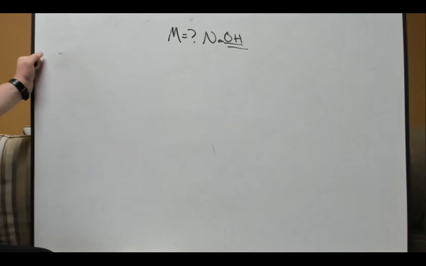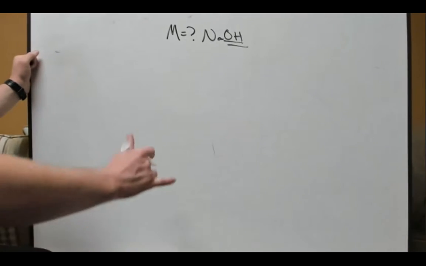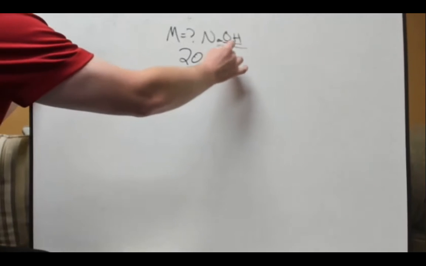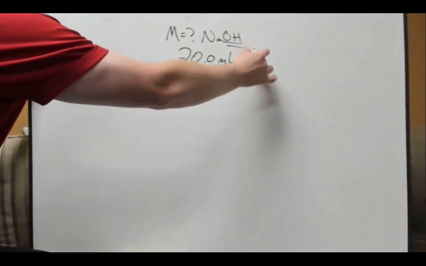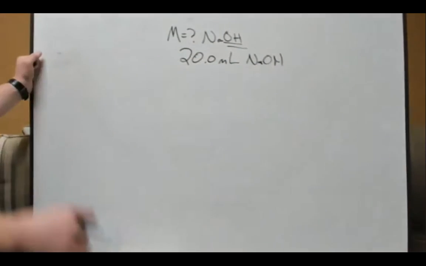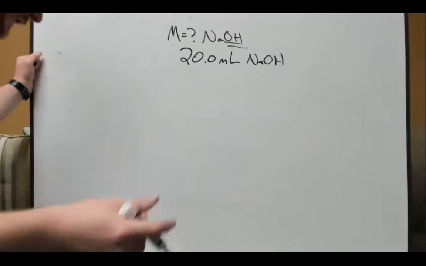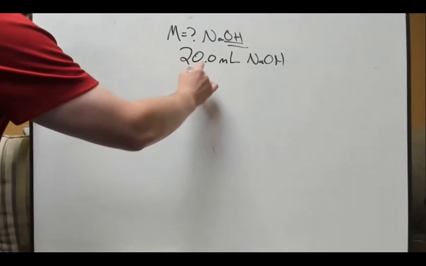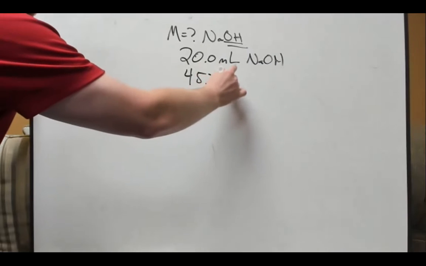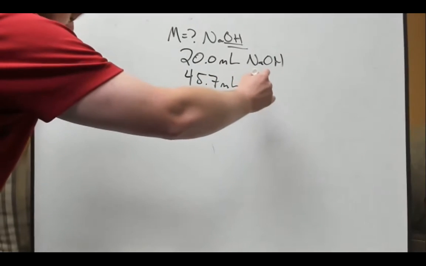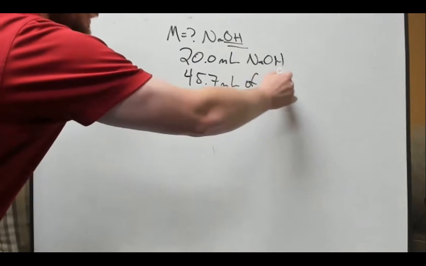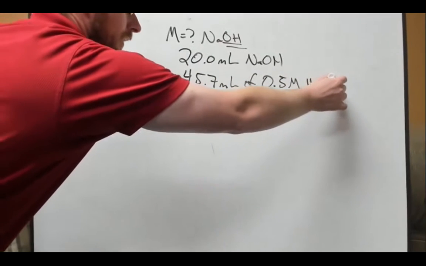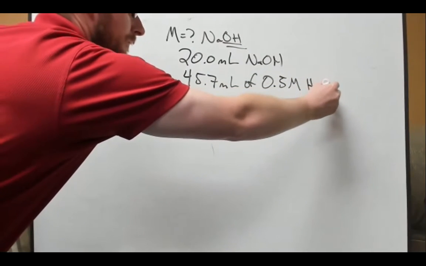So let's look at what we're going to do. We have 20 mL of NaOH, right? And we go to the lab and we titrate it with 45.7 mL of 0.5 molar H2SO4.